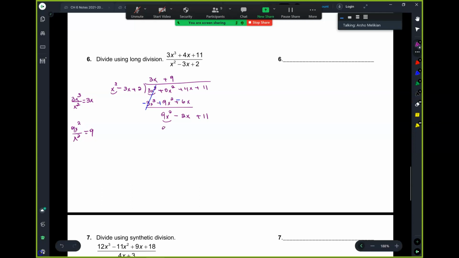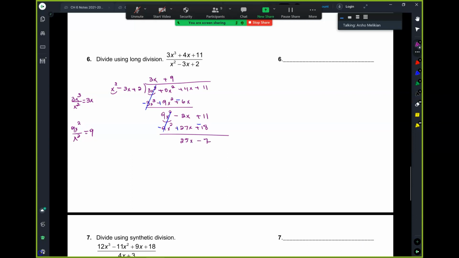So we get 9x squared minus 27x plus 18. Subtracting, I get 25x minus 7.